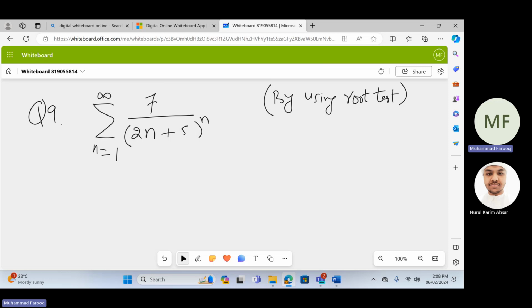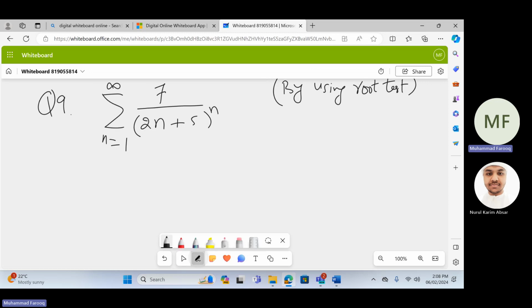Basically, we have to calculate the nth root of the expression. So apply the root test: limit as n approaches infinity of 7 divided by 2n plus 5, all to the power n. Now apply the nth root here.